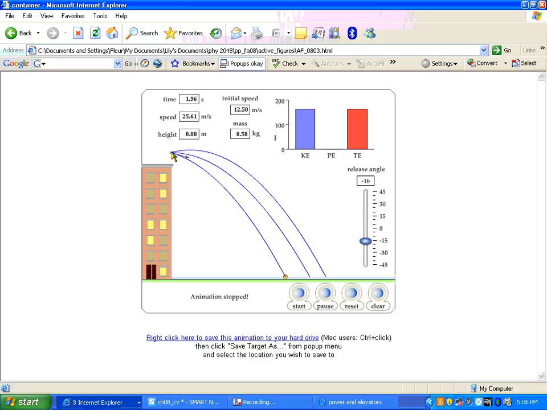Of course, when it's launched below the horizontal, the time to reach the ground will be less, since this ball has an initial y component of velocity which is not zero as in the horizontal case, and certainly not positive as in the case above. So the timing will change, but the speed and therefore the kinetic energy should not change.